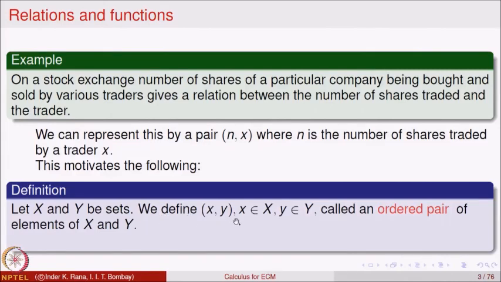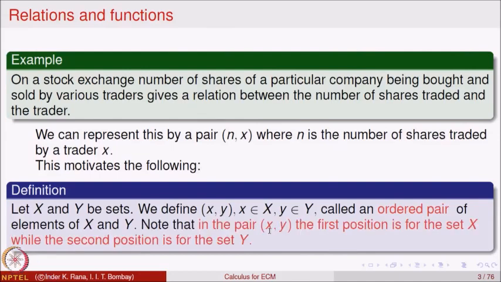Then we define (x, y) in round brackets, where x belongs to X and y is an element of Y, and such an object will be called an ordered pair of elements of X and Y. Note that in this pair, x is coming from the set X and y is coming from the set Y. So, the positions of appearance of x and y in this pair are ordered: the first position comes from X and the second position comes from Y. That is why this is called an ordered pair, a pair in which the order is fixed.